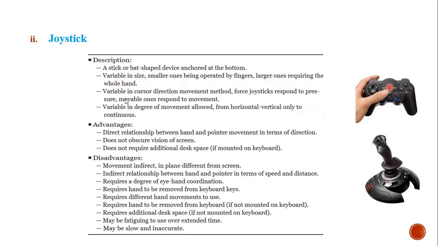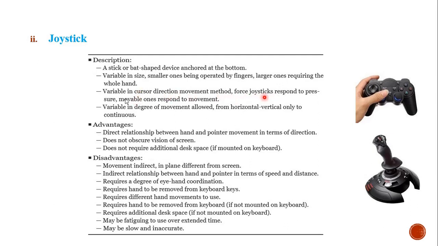If the joystick is very small, you will generally use fingers to operate it, or if it is a very big device, you may have to place both of your hands on the joystick. It is variable in cursor direction movement method.